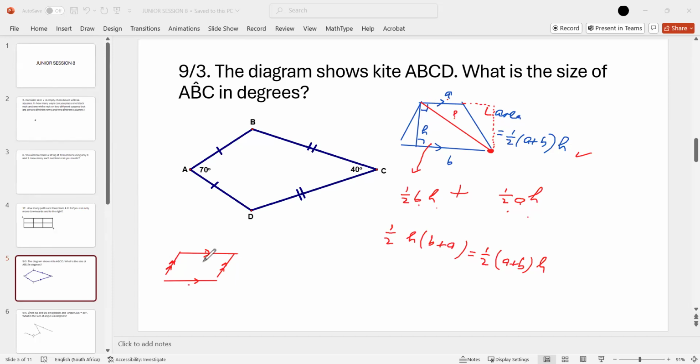And all you have to do is to just join a diagonal. The idea is, when you join a diagonal of a parallelogram, these two triangles become congruent. And once they are congruent, then you can conclude that they are identical. So that will allow you to say that that equals that.